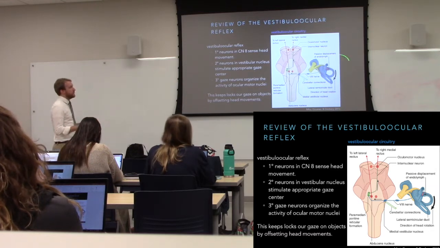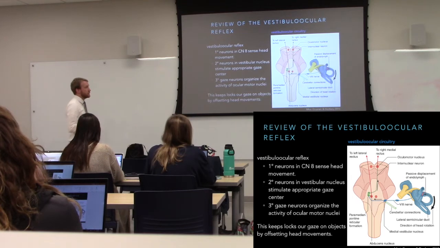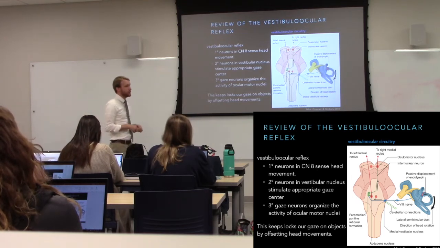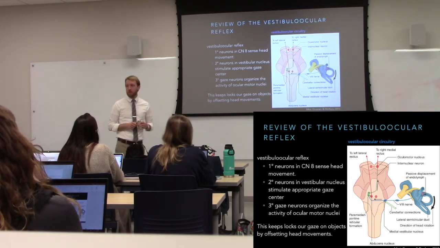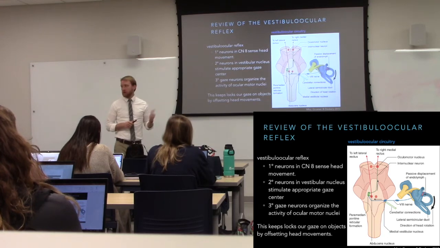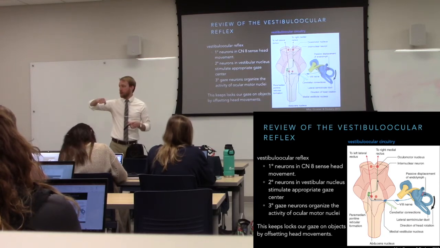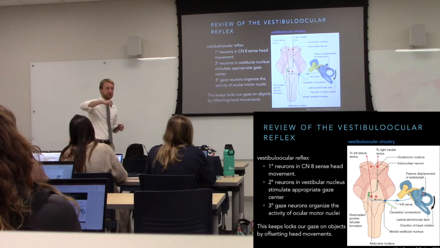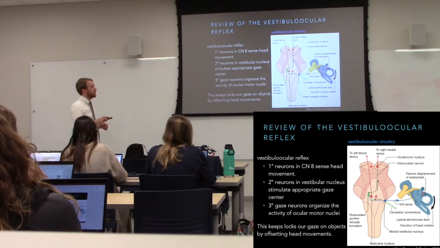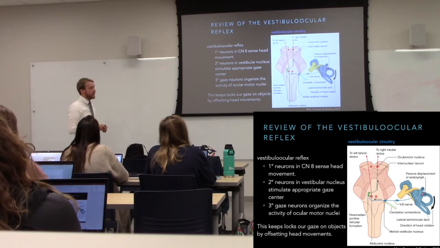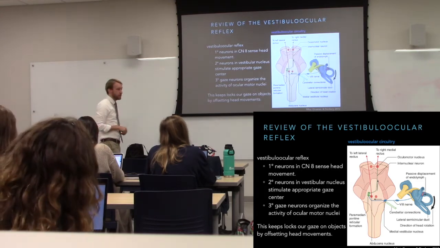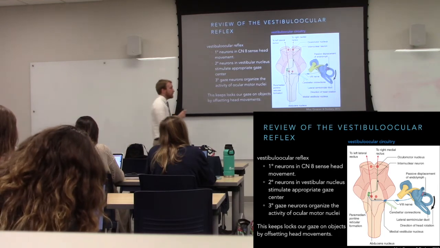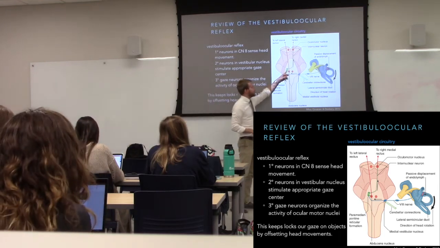We, of course, sense that head position. We're going to sense any change in head position with the semicircular canals. So as we look to the right in this case, the right lateral duct is going to be stimulated. That vestibular nucleus here is going to activate the contralateral left gaze center, so the left paramedian pontine reticular formation. That gaze center is just a central pattern generator.